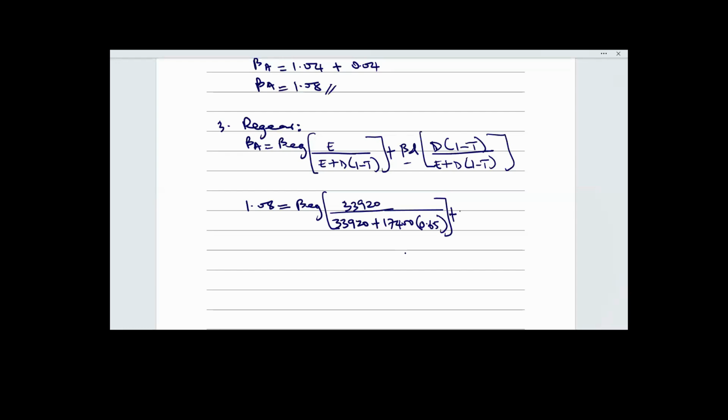Okay, so here is 0.3. Debt is 17.4 into 0.65 over 33,920 plus 17.4 into 0.65.